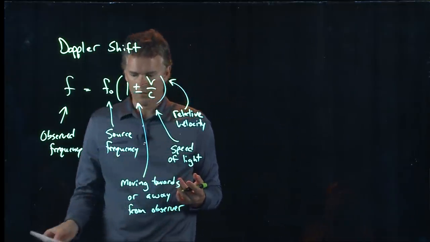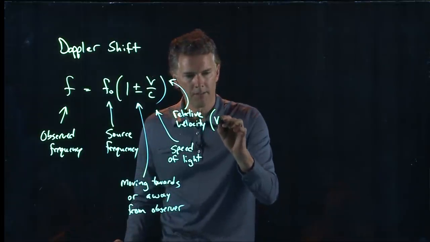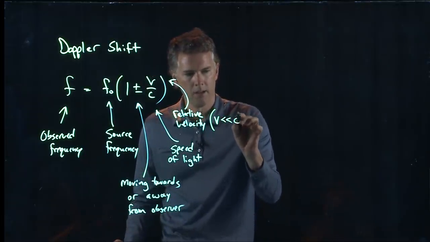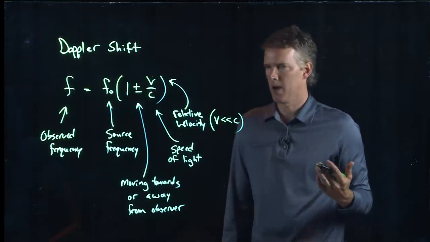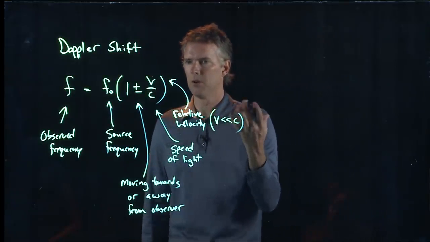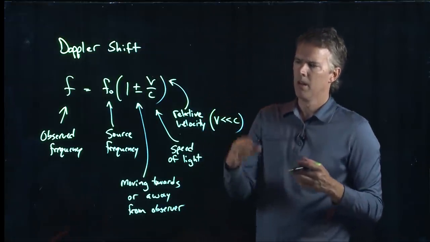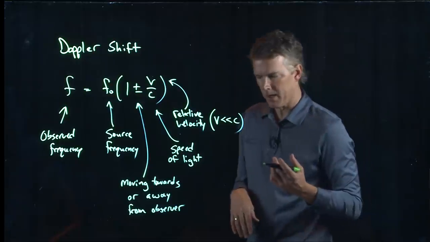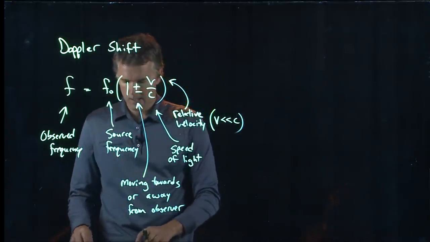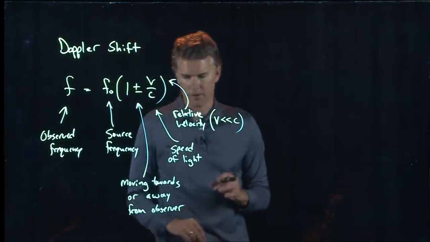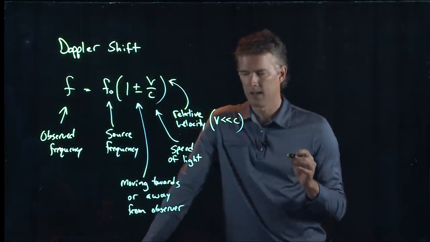Now, this is true when the relative velocity v is much less than the speed of light. It gets a little more complicated once you get close to the speed of light. But for most objects that we're familiar with, the thing is not going to be moving anywhere near the speed of light. So let's take a look at an example of this, and let's look at a rotating galaxy.